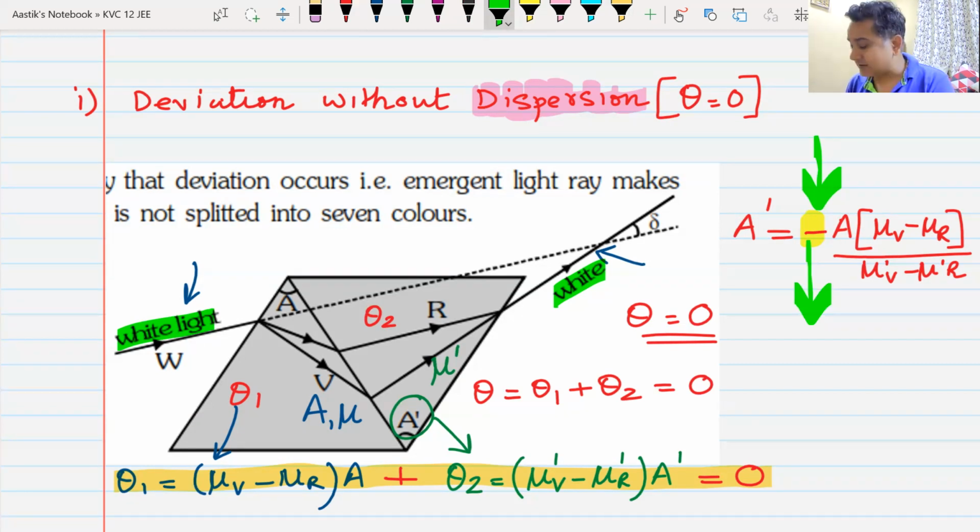It tells us that the prism angles are in the opposite direction. That means you look at the first prism, the prism angle is on the top. The second prism, the prism angle is down. So if one prism is erect, the other prism is in the inverted direction. Do we understand this? A question based on this directly comes in your exam straight away.